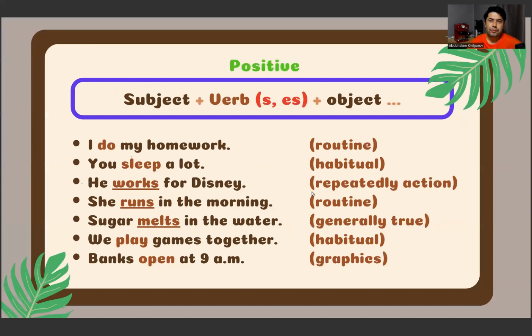Well, the positive sentence structure is like this: subject plus verb, any action, plus s or es according to the subject, plus object. For example, I do my homework.